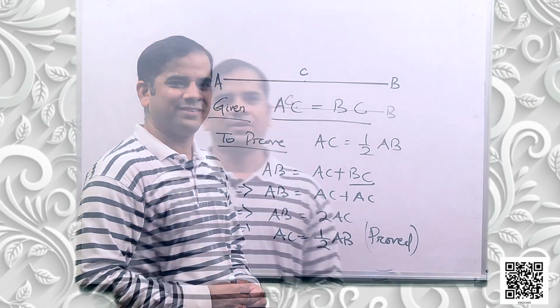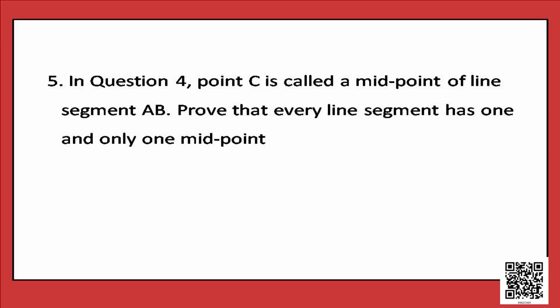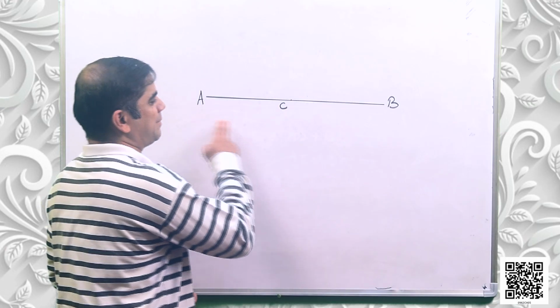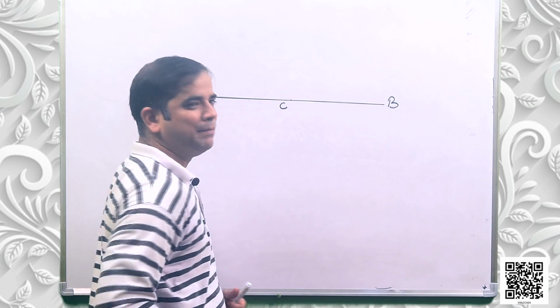Clear? Students, let us discuss question number 5. It says in question number 4, point C is called the midpoint of line segment AB. Prove that every line segment has one and only one midpoint. Okay, let us do it. So, this is line segment AB and C is the midpoint.